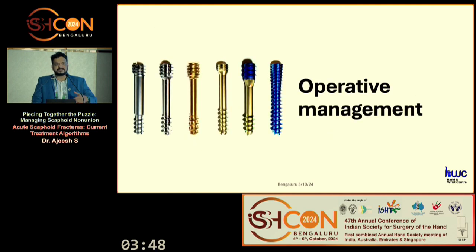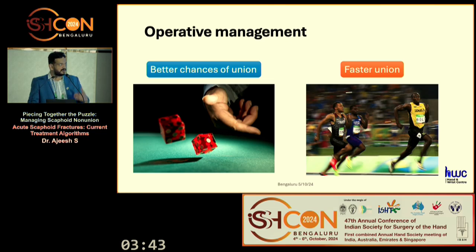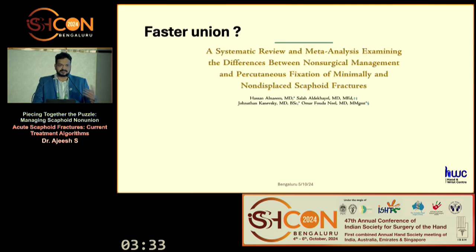So now the question is, okay, so the length of immobilization, when do we actually operate? Some of these have already been mentioned by Dr. Amit. But the two reasons that we need to operate: one is to have better chances of union, the other is probably to achieve faster union. And so we'll take up the latter first. Regarding faster union, there have been conflicting opinions, and high quality evidence that is actually conflicting.